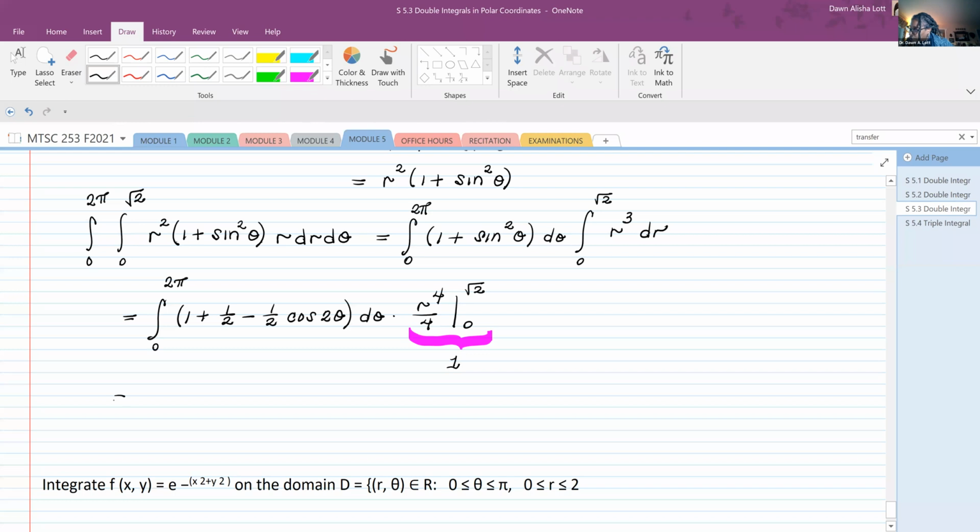So then this is the integral from 0 to 2 pi of 3/2 minus 1/2 the cosine of 2 theta d theta.